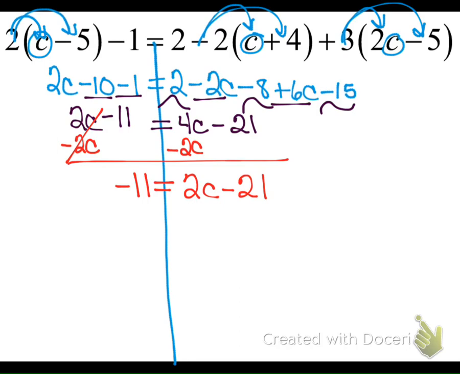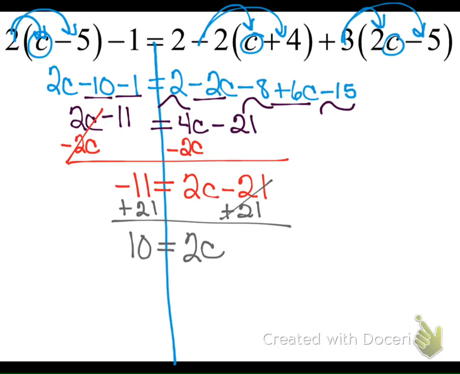So I want to get the variable by itself. Add 21. So negative 11 plus 21 is 10, equals 2c. Divide by 2. You get 5 equals c. Then box your answer. Good.